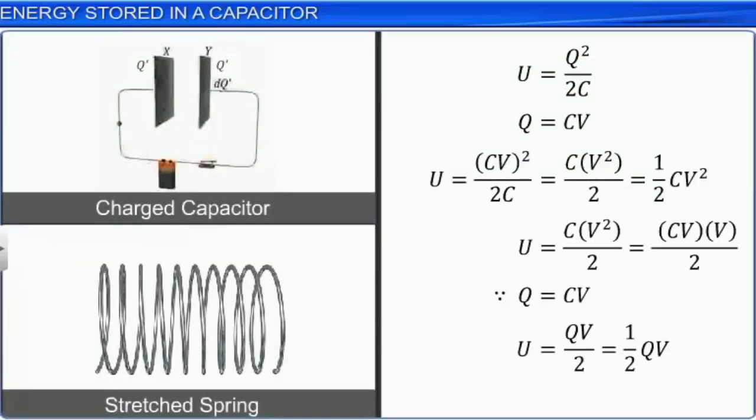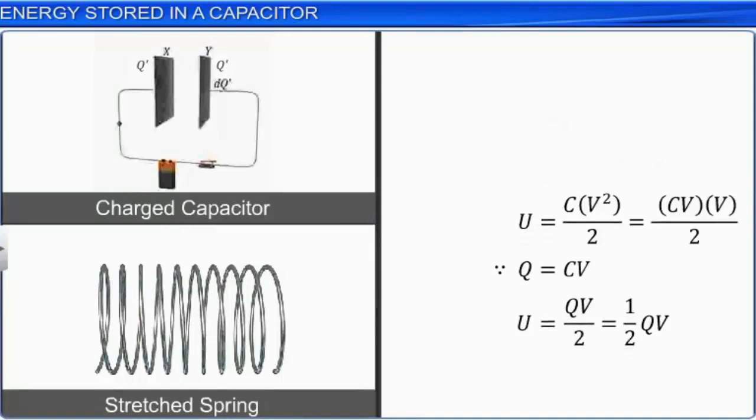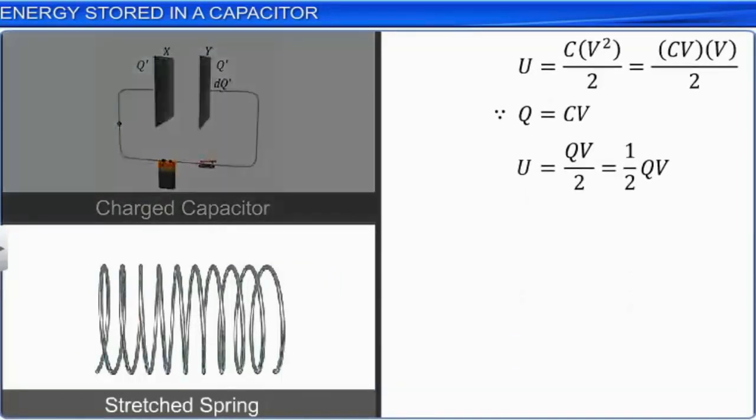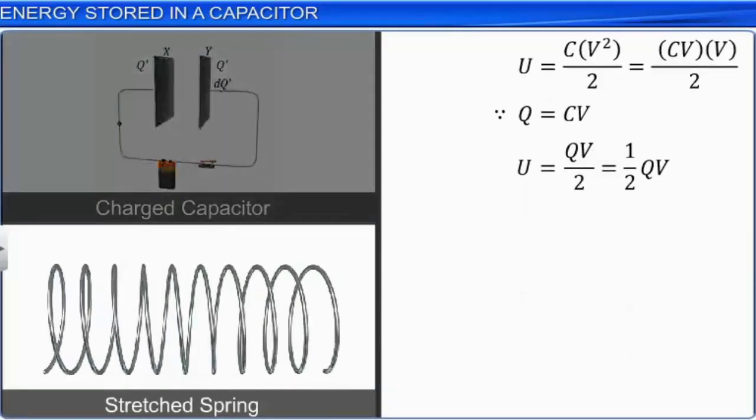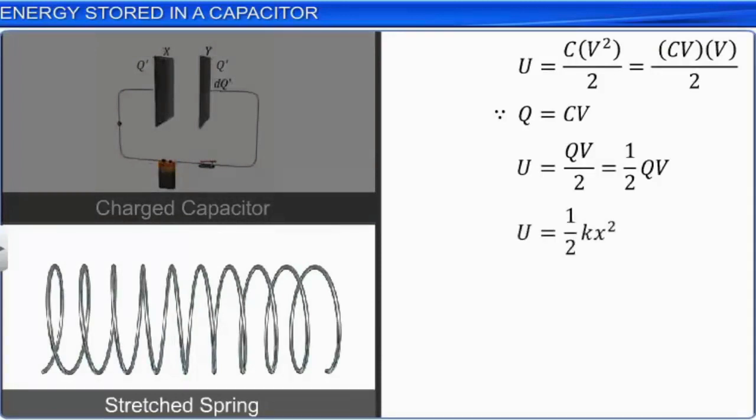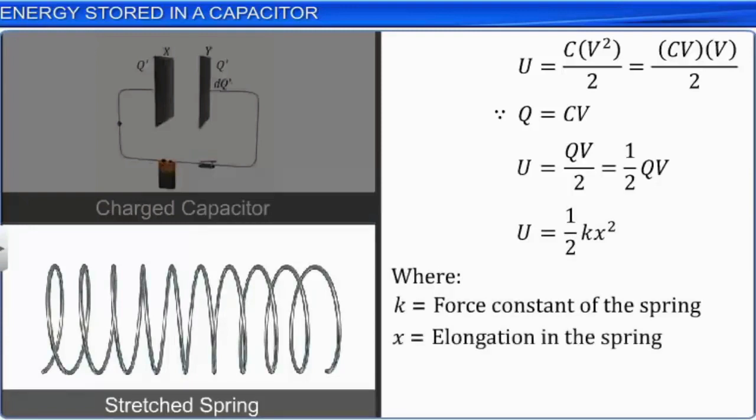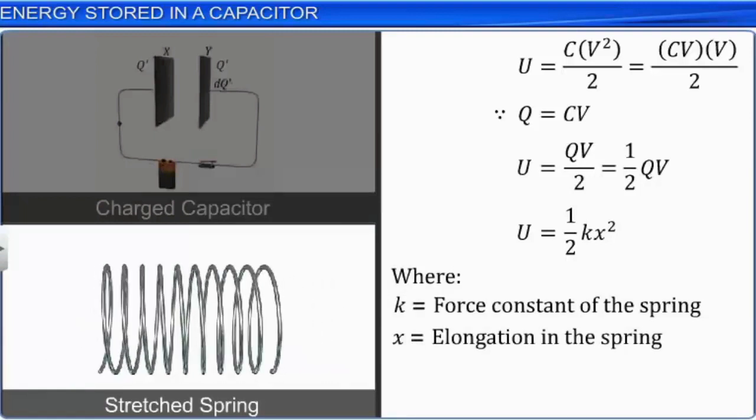A charged capacitor is analogous to a stretched spring. When the spring is stretched, it stores elastic potential energy U equal to half kx square, where k is the force constant of the spring and x is the elongation in the spring. When released, the spring loses the stored elastic potential energy.